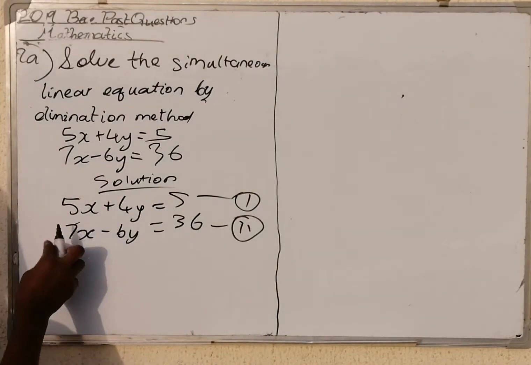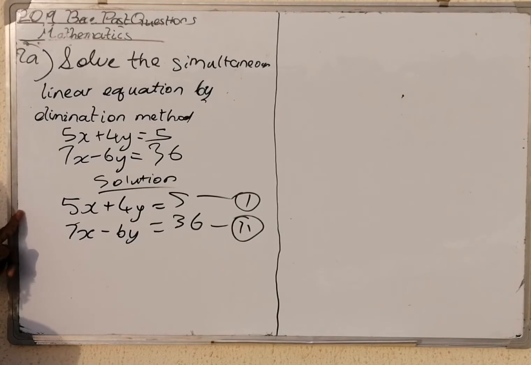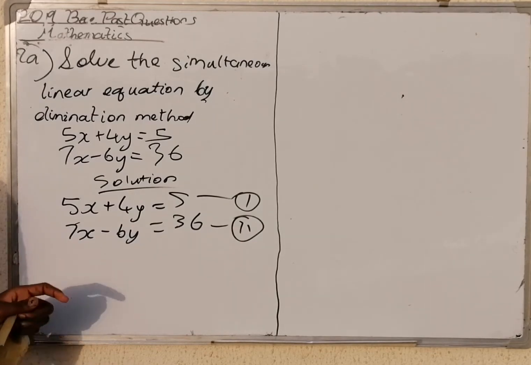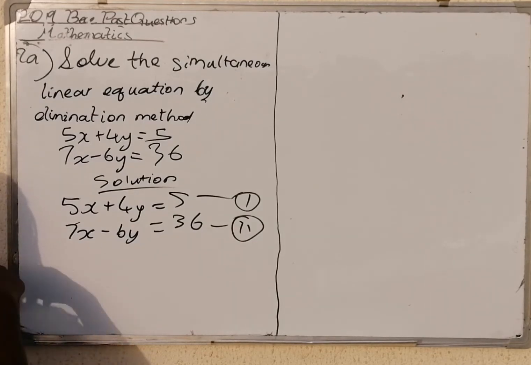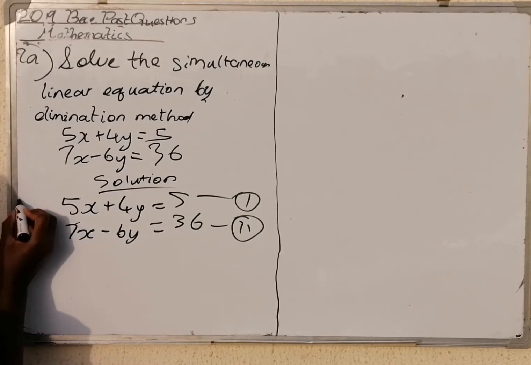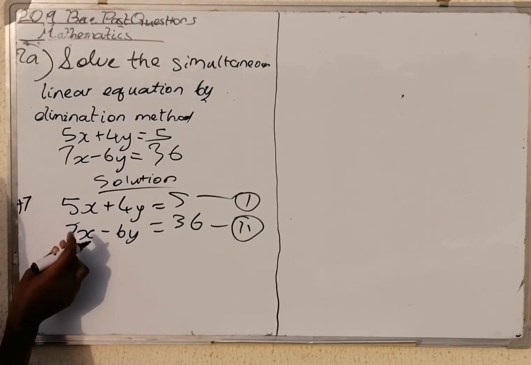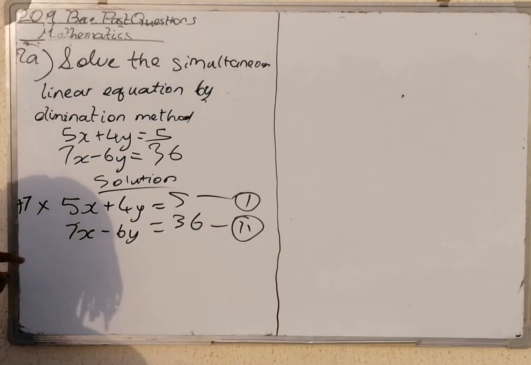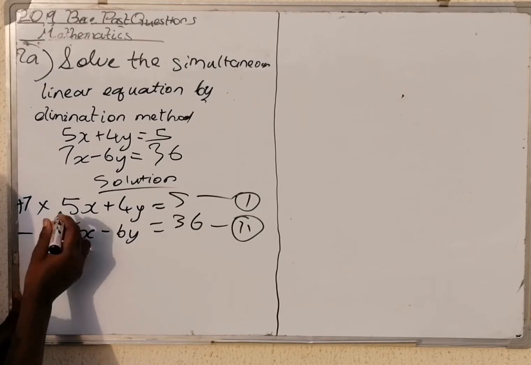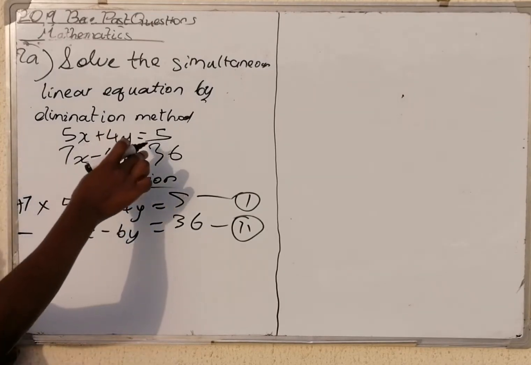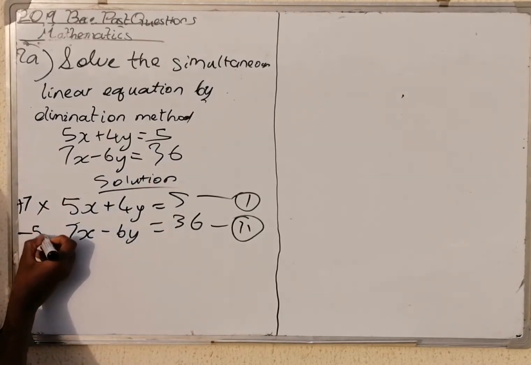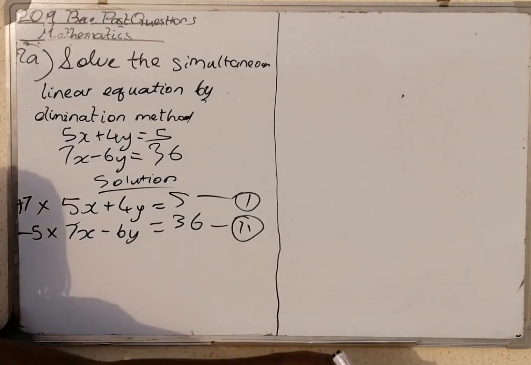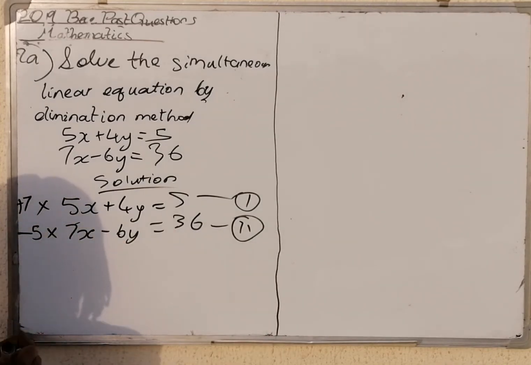Now we have to multiply the positive form of the coefficients of x in equation 2 by equation 1. So the positive form of the coefficients of x, which is 7, we multiply it all through by equation 1, and the negative form of the coefficients of x in equation 1, which is 5, we multiply it all through by equation 2. So let's continue solving.